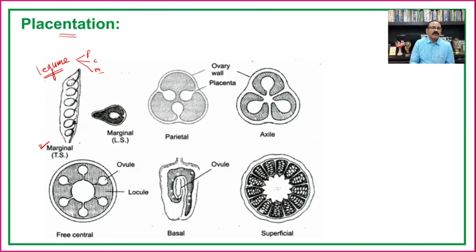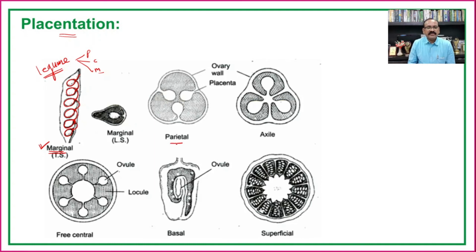In this, all the ovules inside the ovary develop from one of the margins. Such a type of development or attachment of the ovules to the wall of the ovary at its marginal side is known as marginal placentation.